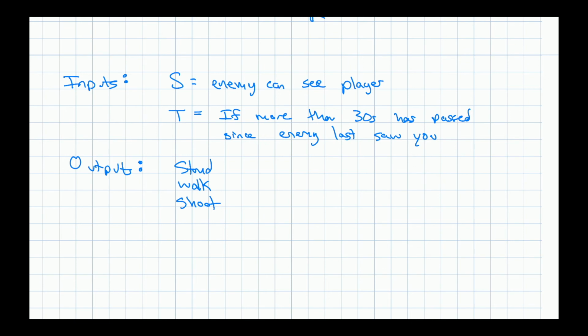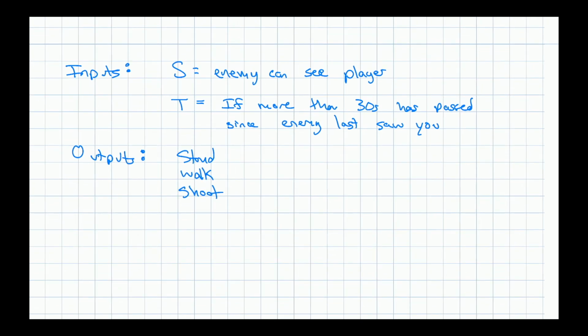We're going to need one more input: less than 30 seconds. So let's call them T1 for more than 30 seconds, and T2 for less than 30 seconds since the enemy saw you.